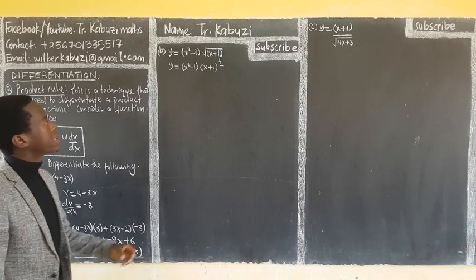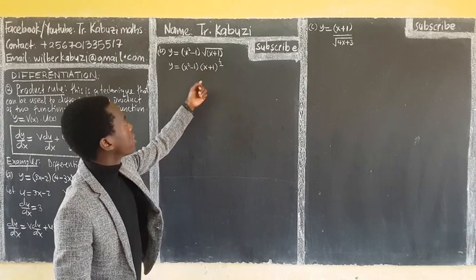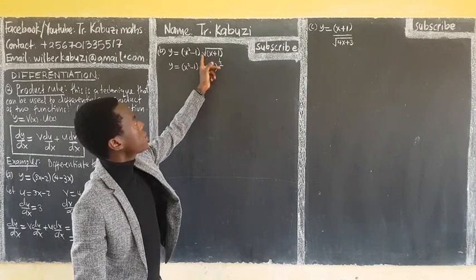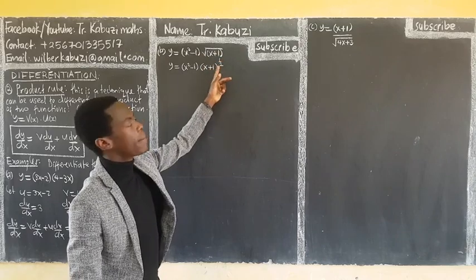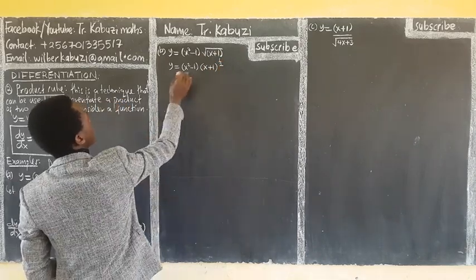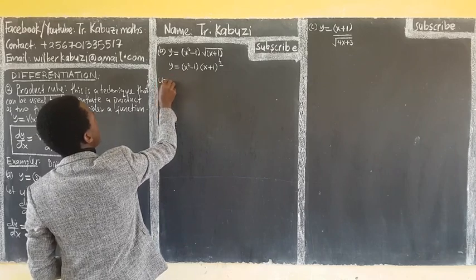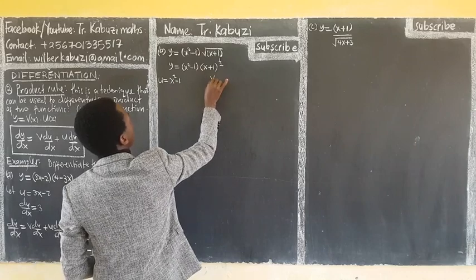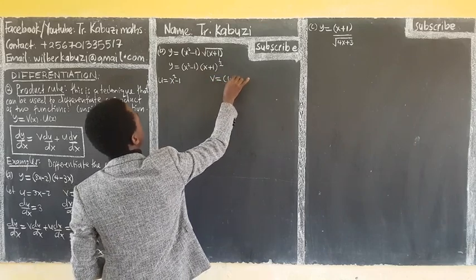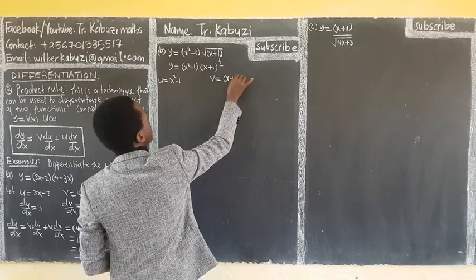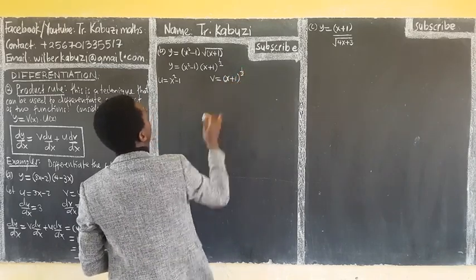When you come to this, you see it's a product of two functions, this and this. See that the root is the same as a power of a half. So now let this one be our u. So we let u be x squared minus 1, and here we let our v be x plus 1 to the power a half.